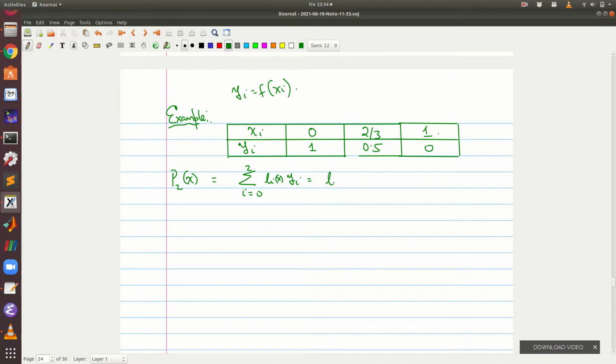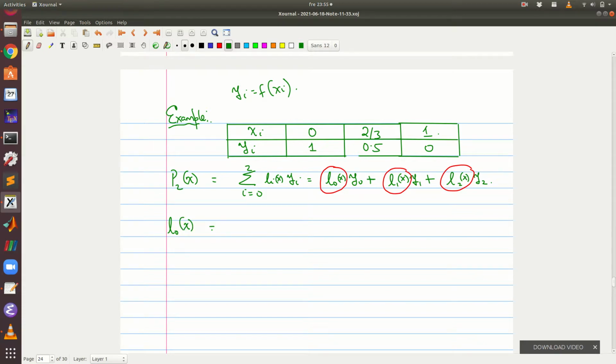When i is 0, we have L0 of x times y0. When i is 1, we have L1 of x times y1. And when i is 2, we have L2 of x times y2. So we have to find L0, L1, and L2.